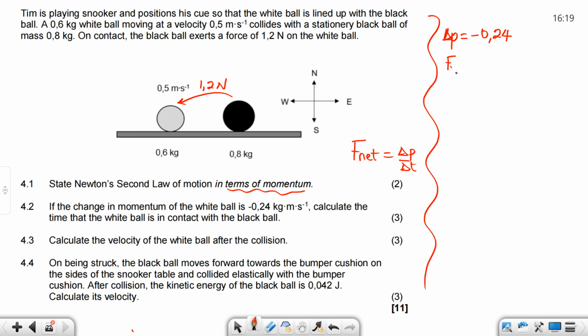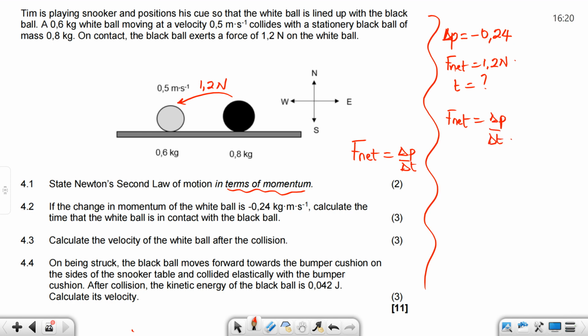By the way, we have the force, the net force, 1.2, and what are we looking for? Time. So what do we use? F net equals delta P over delta T.